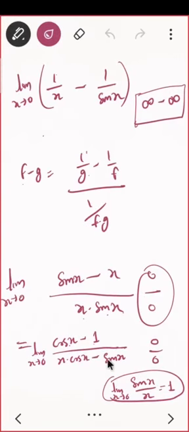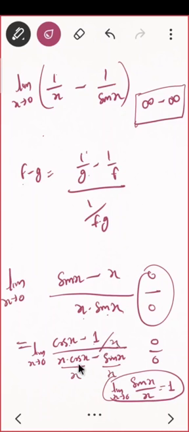So if I divide the numerator and denominator by x, I'll be getting something, and that is easy to see now. Divide by x, so here I will be having sin x upon x, here I will be having x, and here this is whole upon x. So sin x upon x is 1.